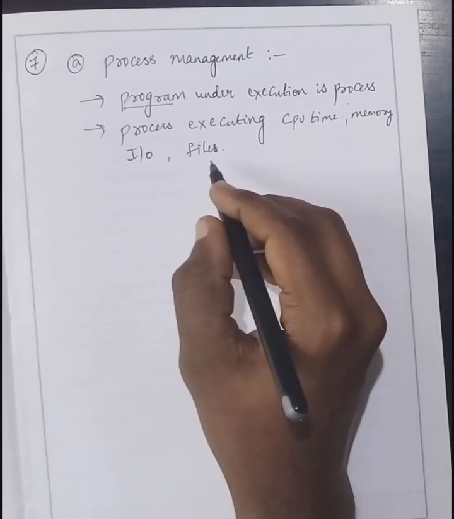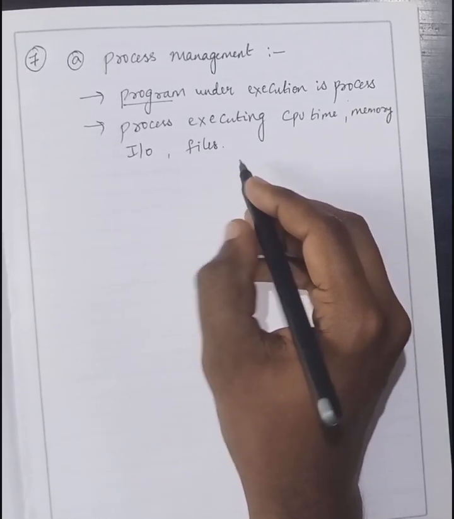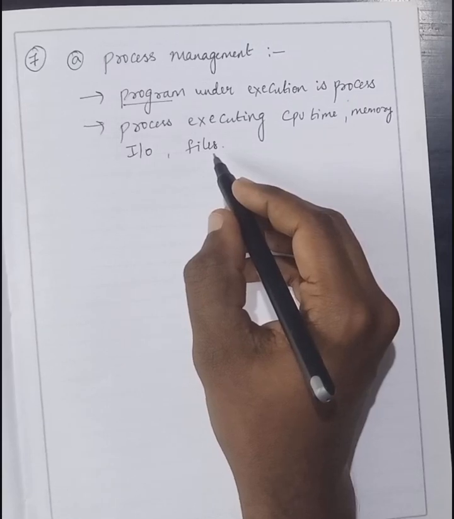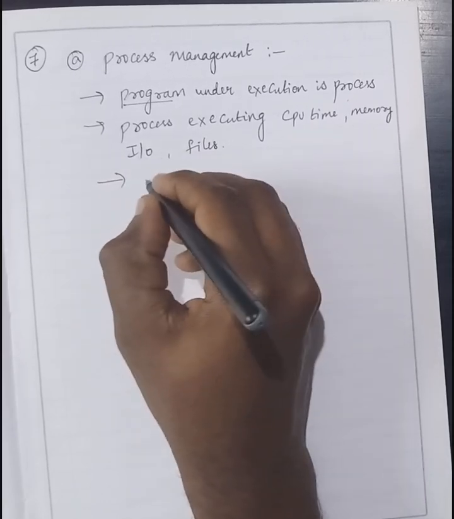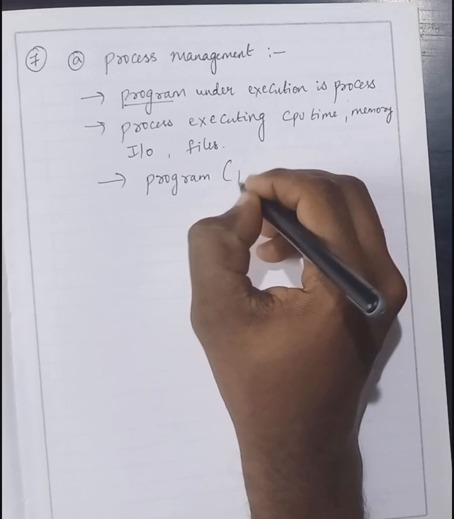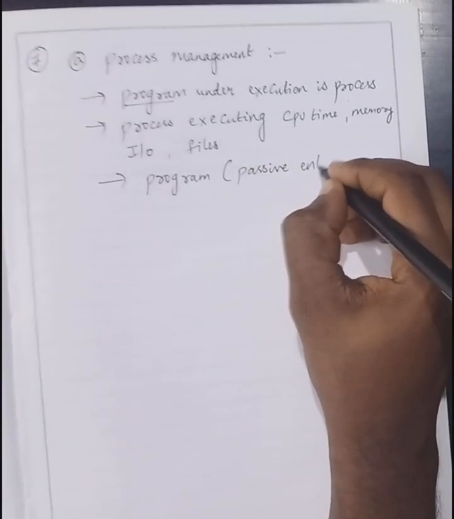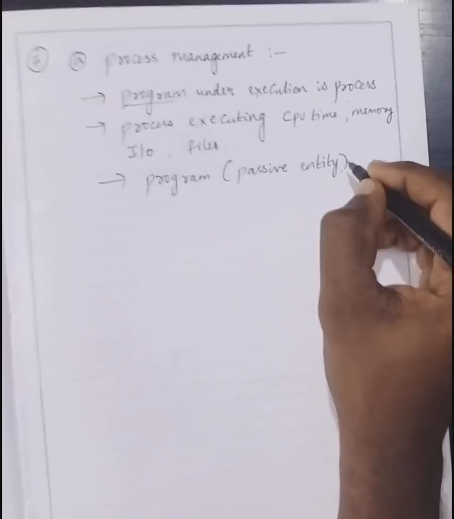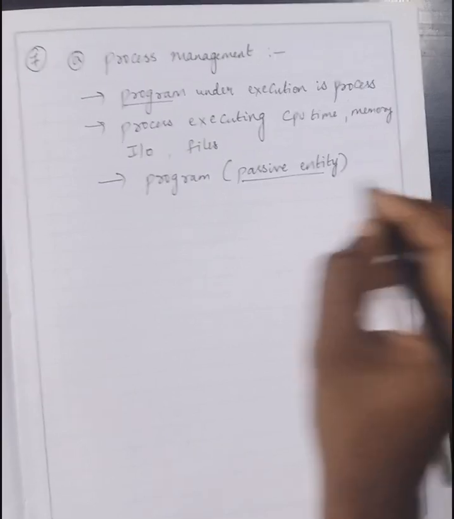This is supported by the operating system, which manages how the processor handles the process. There are two types of entity. A program is a passive entity, meaning it is not executing. Whenever we store a program in a computer, before execution it acts as a passive entity.